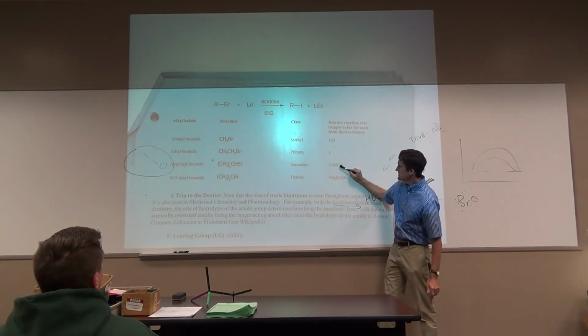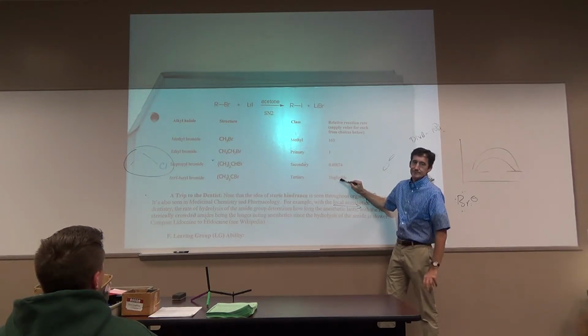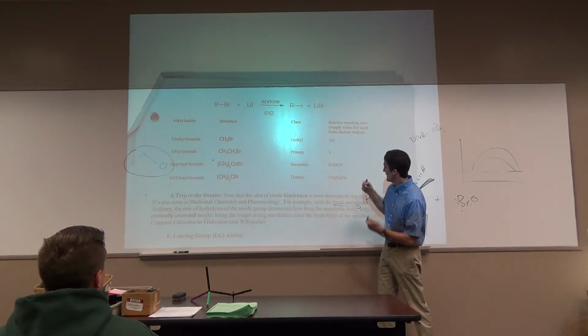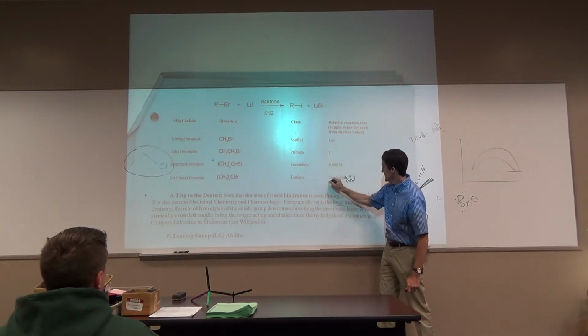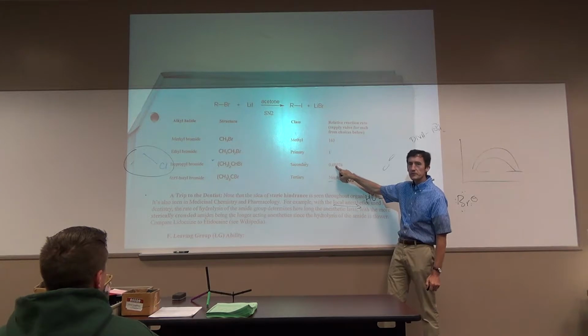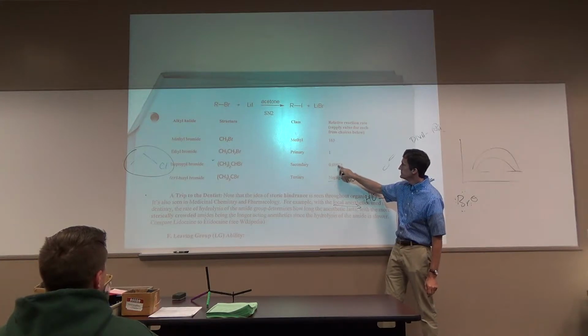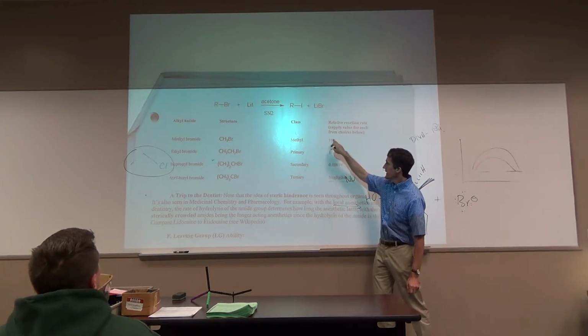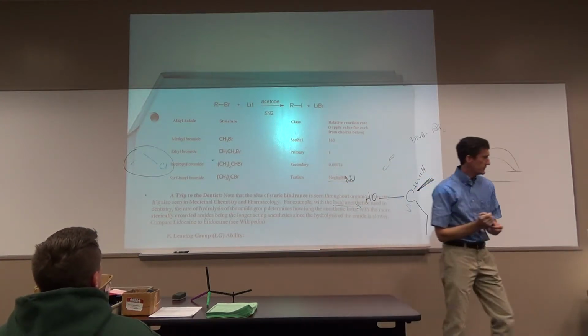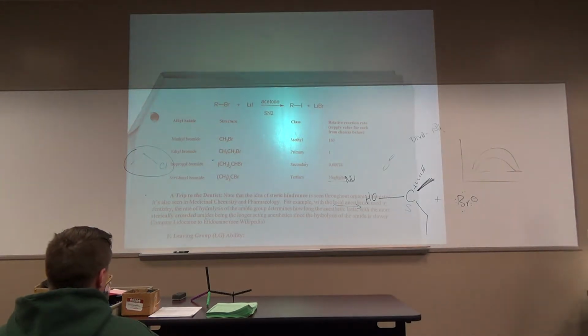Secondary slower. Tertiary, it's negative. And for us, we say never. Secondary tends to be pretty slow, but we'll do it. Methyl is faster, so there are some actual rates that came from experimental data.